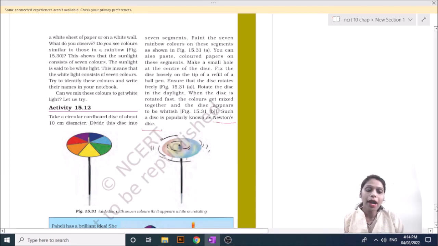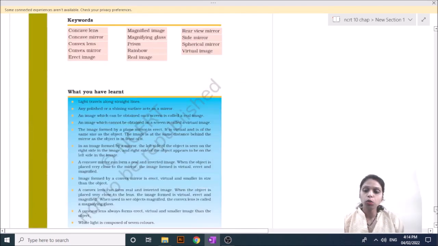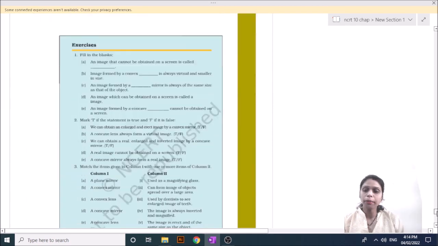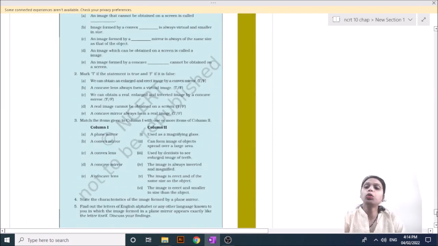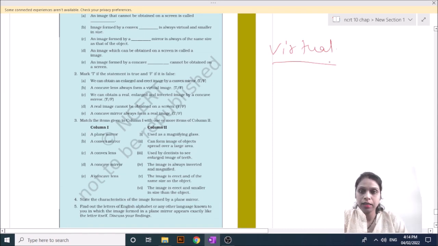Now I am going to discuss a question answer of this chapter. First question: an image that cannot be obtained on a screen is called a virtual image. Second, an image formed by a convex lens is always virtual and smaller.